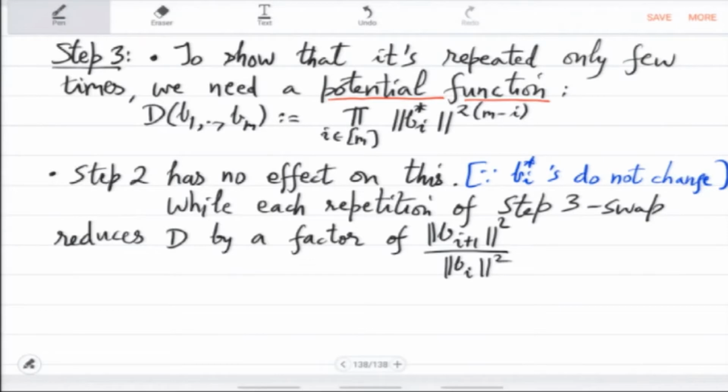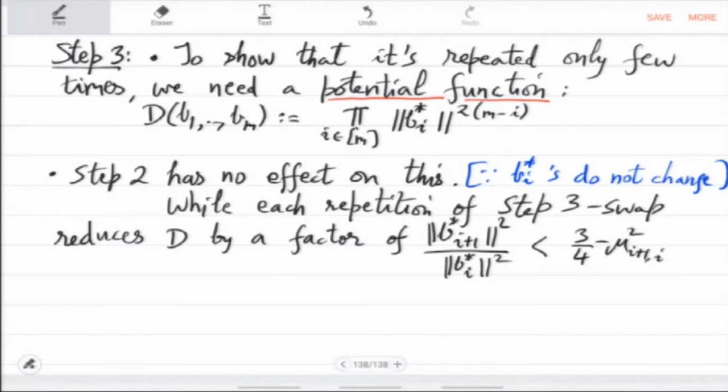And now by the reduced basis condition violation, you know that bi star was actually bigger. So this is less than 3 by 4 minus mu i plus 1 i square.